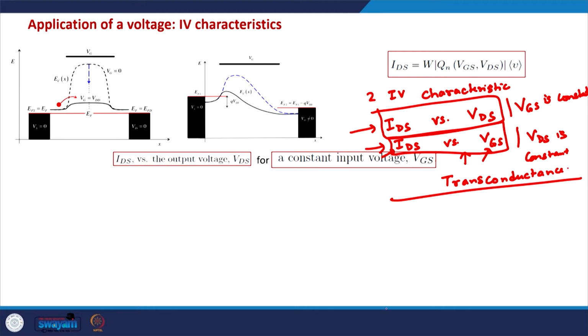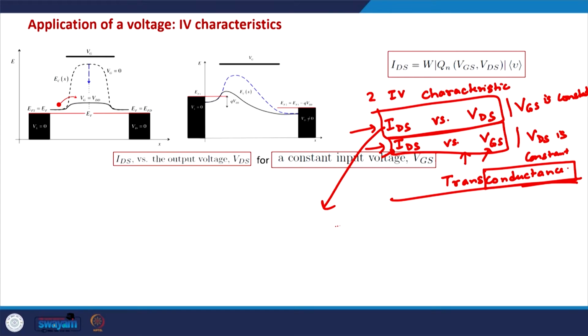It is not the typical conductance, because we are not considering the voltage applied on the same terminals through which the current is flowing. So the conductance is delta IDS versus delta VDS, and the transconductance is delta IDS versus delta VGS. Okay.